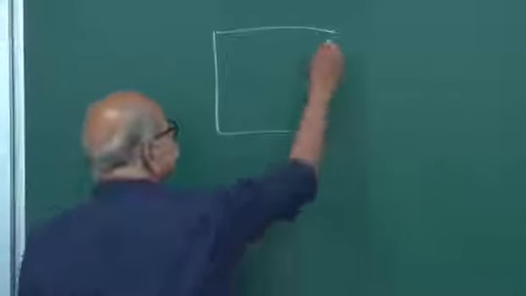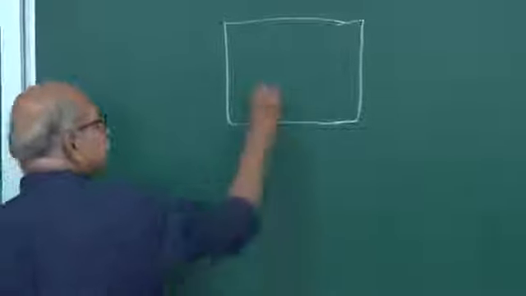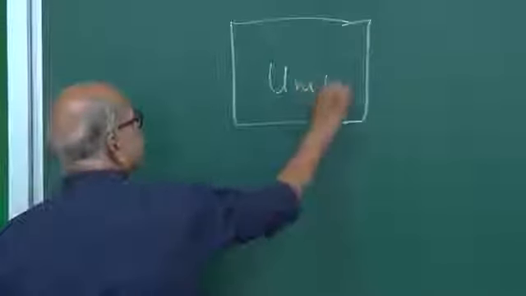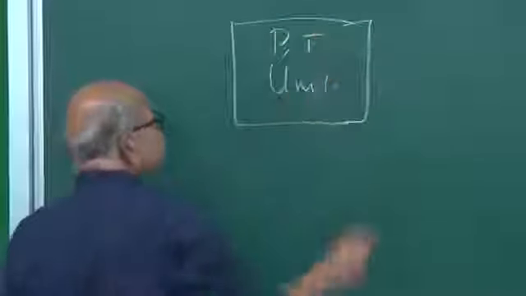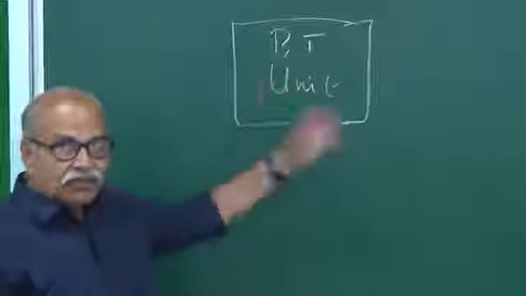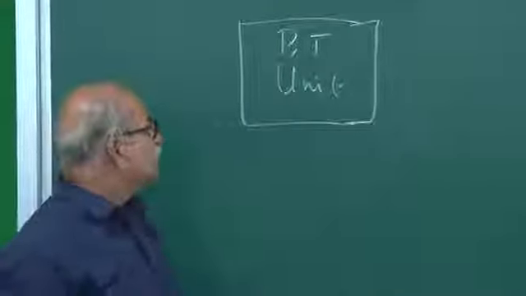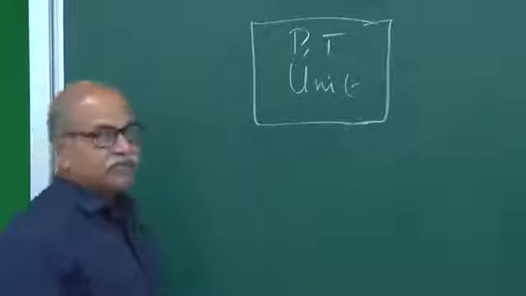Suppose I have this unit here, this is our unit, and in this unit we have some pressure and some temperature, and some processing is going on, and pressure is building and temperature is building.